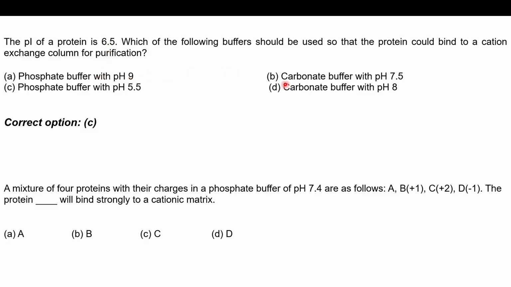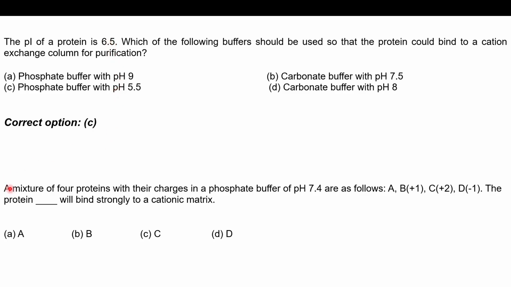Out of these four options, only 5.5 is lesser than the pI value of the protein. If the pH is lesser than the pI value, there are more H plus ions, and NH2 will exist as NH3 plus, and COO minus will take up H plus from the surrounding medium, and hence the overall net charge on the amino acid will be positive.